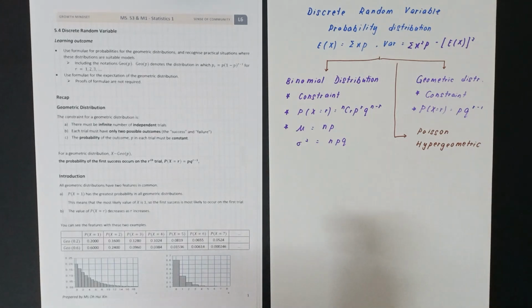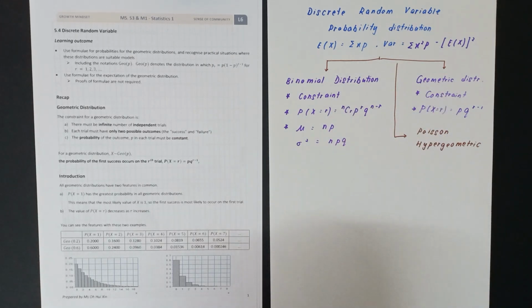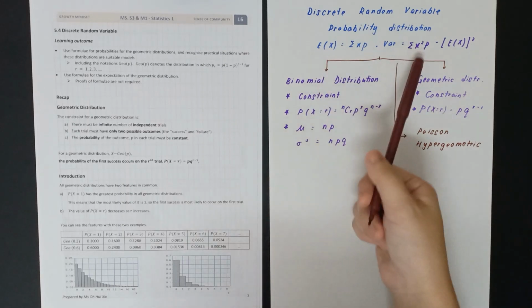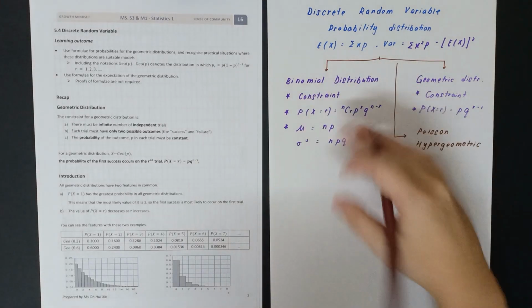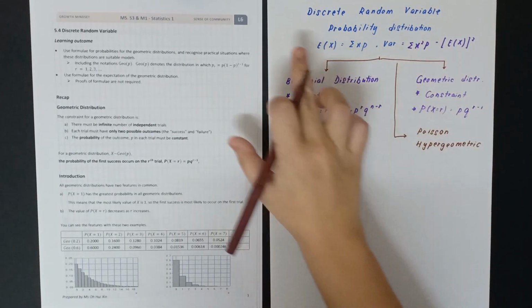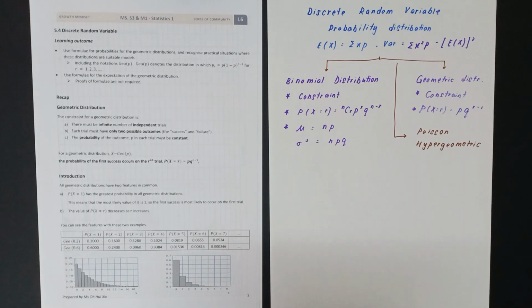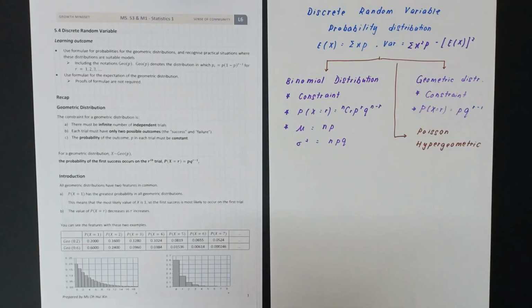So meaning that everything you can do in your binomial and geometric, you must also be able to do using the formula for probability distribution, because these are all subsets of discrete random variable, but only certain ones satisfy the constraint to be called binomial or geometric.